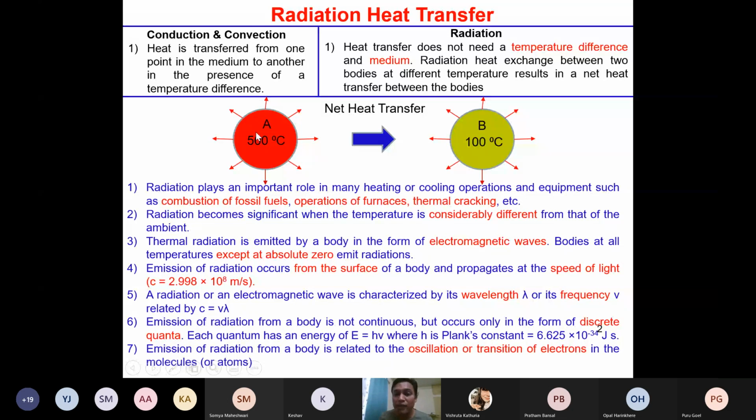With the temperature difference, there will be a net heat transfer. More heat will be radiated by the hot body, and a lower amount of heat will be radiated by the cold body, and therefore the net heat transfer will be from the hot body to the cold body, isn't it? But a temperature difference is not required for the transfer of heat. You don't require a temperature difference or a medium. Is it clear to everyone?